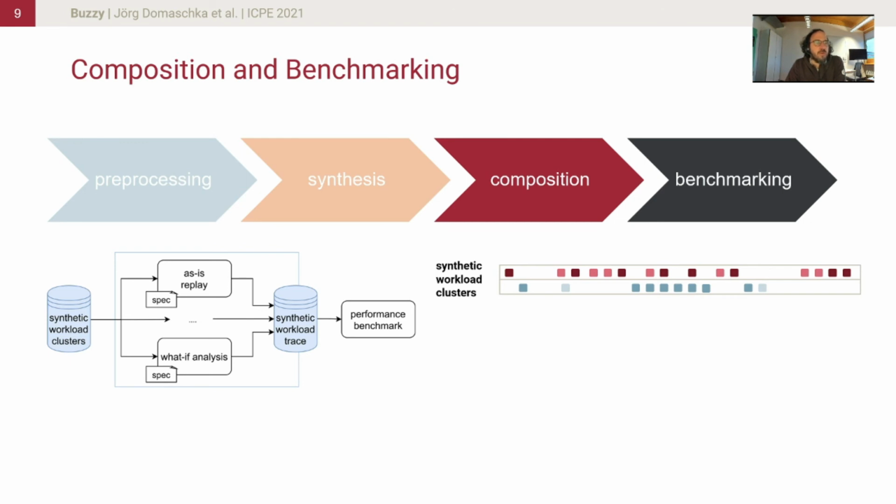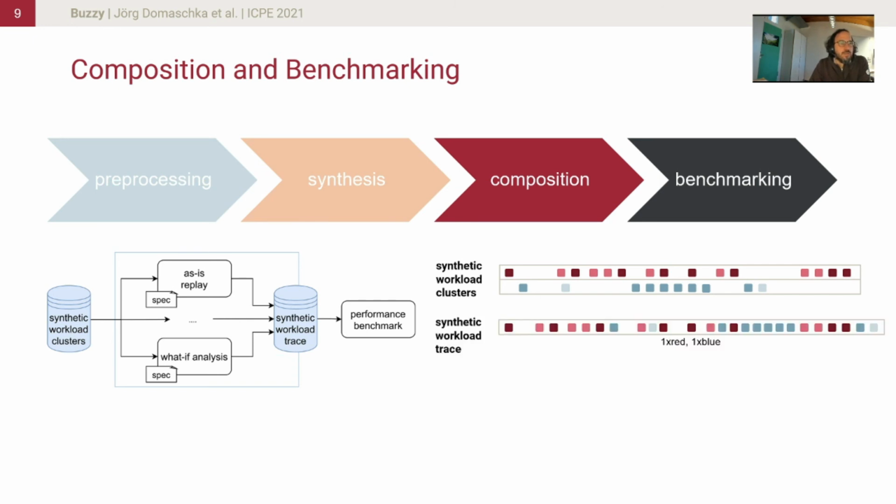That is, we take the same amount and the same distribution of the synthetic workload clusters as in the original traces, and just run them against the system under test. But we could also change the distribution of users to see what would happen if we allow 80% more users of that group running in our system.